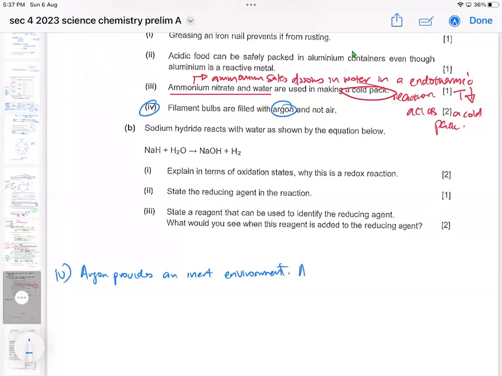What happens if the filament is placed in air? Because in a light bulb, the filament will become hot. When the filament becomes hot, it will react with the oxygen in the air.